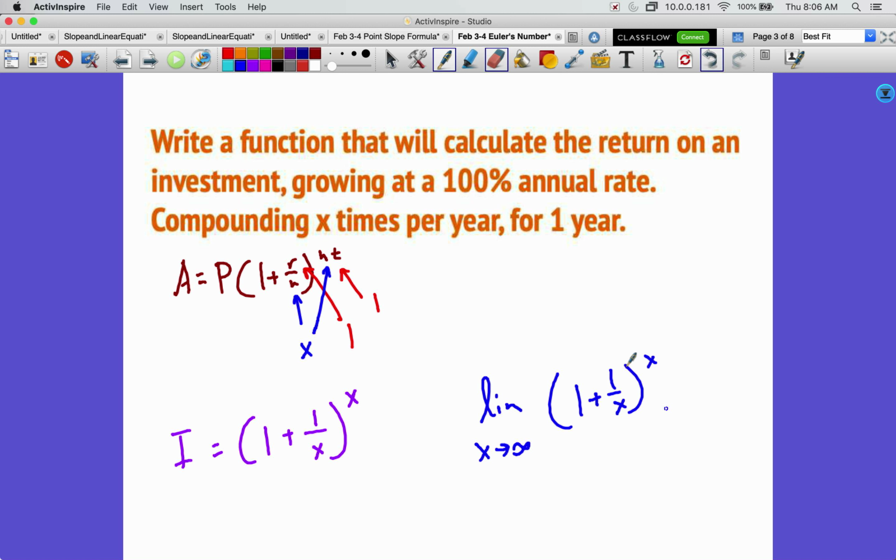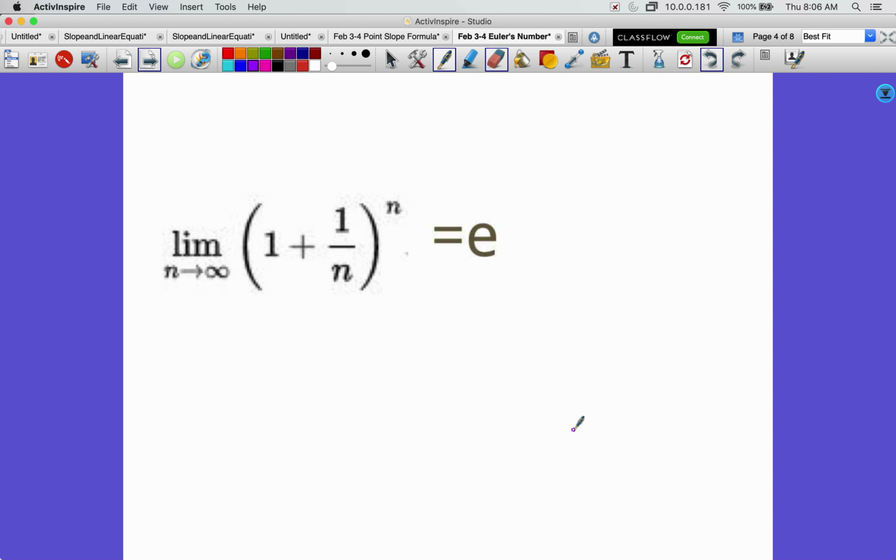All right, so you need some pretty high-level math to be able to calculate this, but you don't need very high-level math to be able to just plug in really big numbers and see if this starts converging. And this does indeed converge. The limit as n goes to infinity of 1 plus 1 over n to the power of n, so this one writes it with n's instead of x's, but it's the same thing we just wrote, is e.